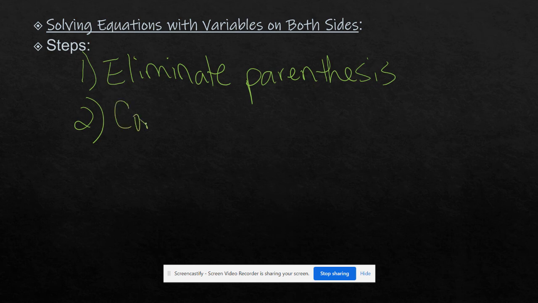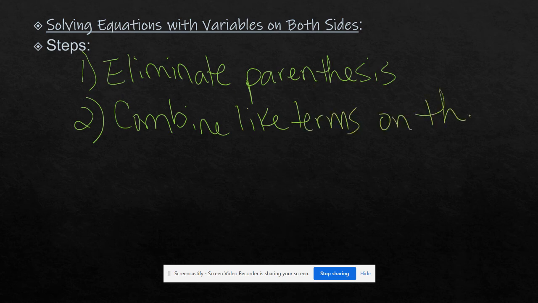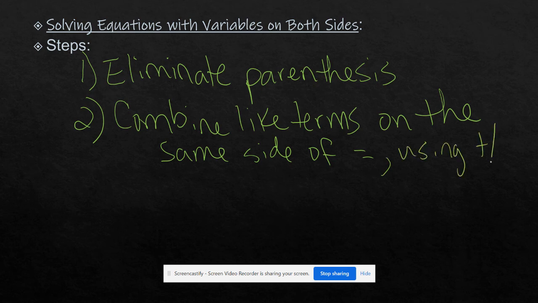The next thing we want to do is combine like terms on the same side of the equation using either adding or subtracting, whatever it is that it tells you to do.